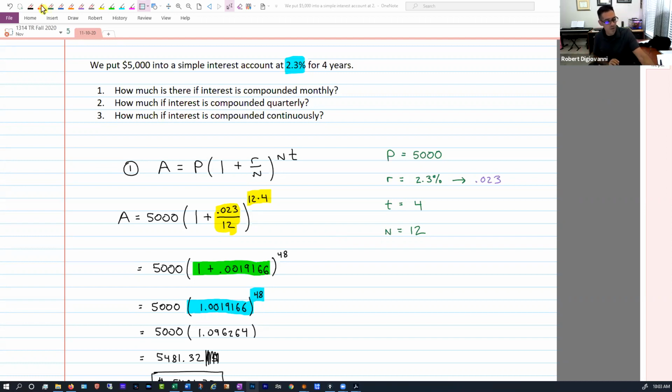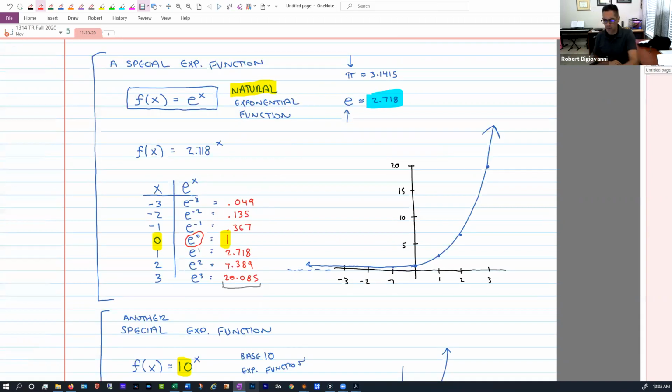So for the second part, the only thing that changes is that n now becomes a 4. Everything else in the formula is exactly the same. I'm going to do this on a new page. So we're using this formula, and the only difference is that n is 4.